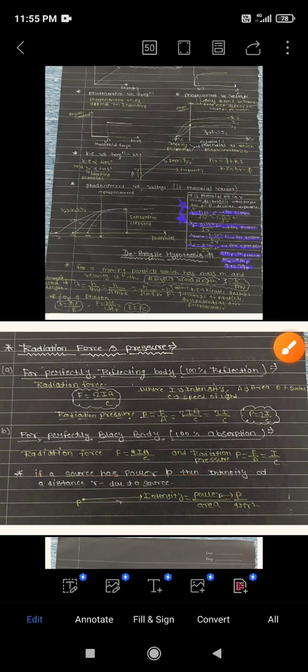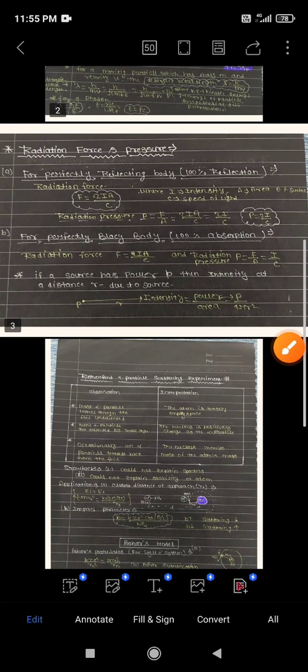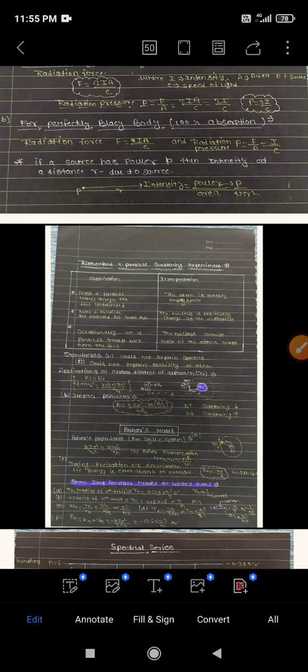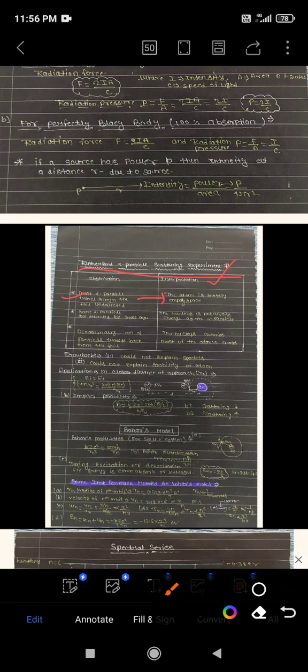Coming to the next topic, Rutherford alpha particle scattering experiment. Here are some observations on which some interpretations are derived. First, most alpha particles travel through the foil undeflected, so its interpretation is the atom is mostly empty space.